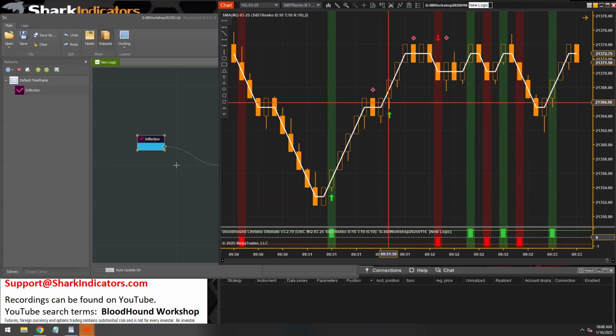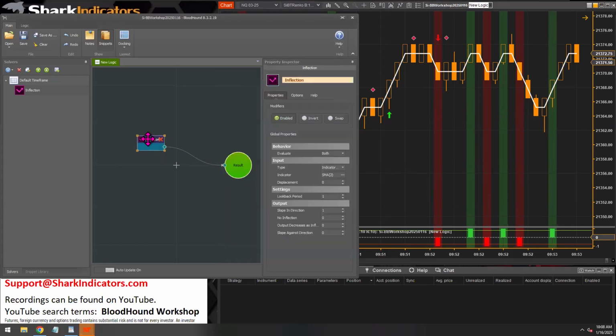So we're missing these secondary longs and shorts if there's a flat in between. We can see right here, we would expect to see a short signal after this flat period as well. And yeah, the inflection solver doesn't quite yet have the ability to include a flat angle to broaden the definition of an inflection.